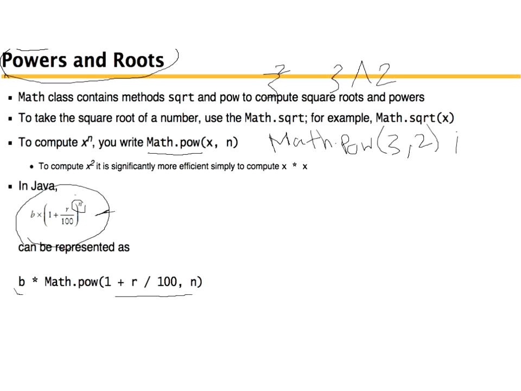Then we've got addition and we've got division. Which has the highest precedence out of the two? Obviously, the division is stronger than the addition, so we will do this first. Java will do r divided by 100. Once it's done that, it will add the 1 to it. After it adds the 1, we will do the power, because the power sits just outside the bracket.